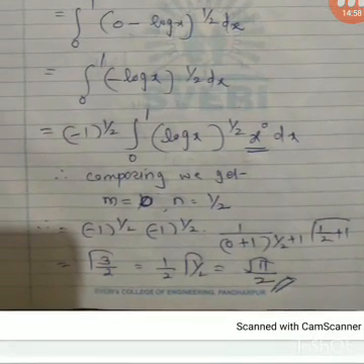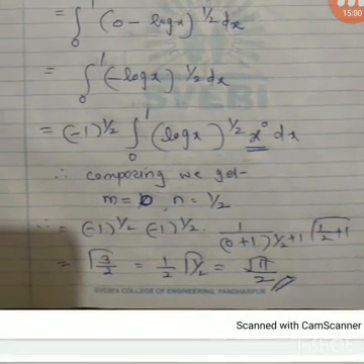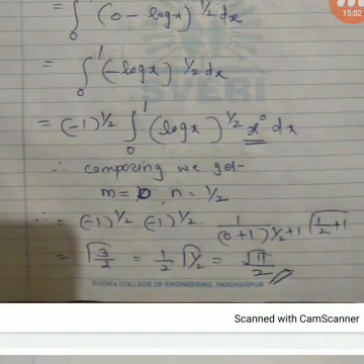Let's write first our usual method. Let I be equal to the integral from 0 to 1 of root of log of 1 by x dx. Our result is for log x, not for log of 1 by x. Therefore, we have to rewrite the log: the integral from 0 to 1 of (log 1 minus log x) raised to half dx.